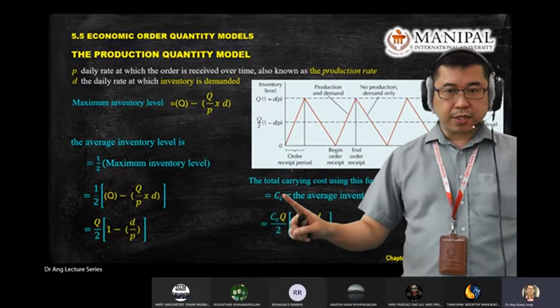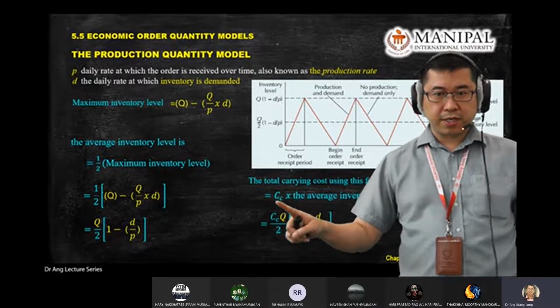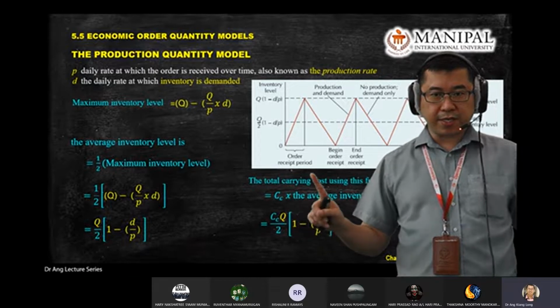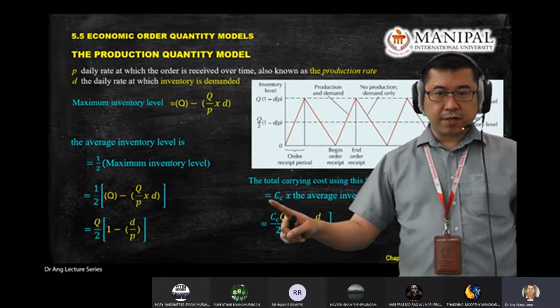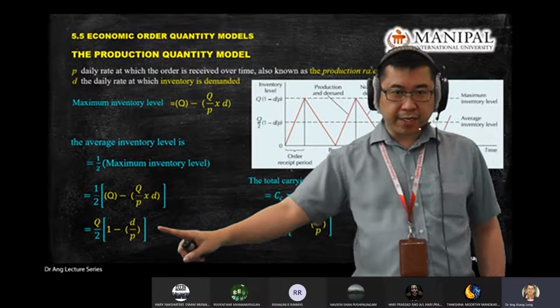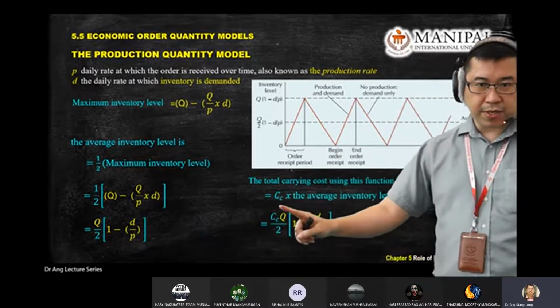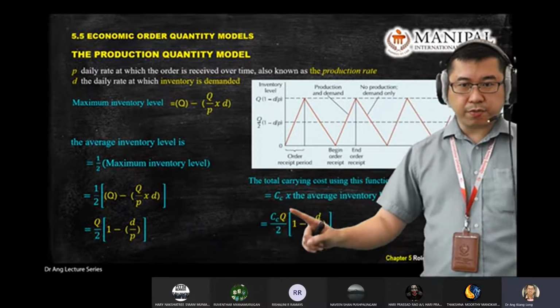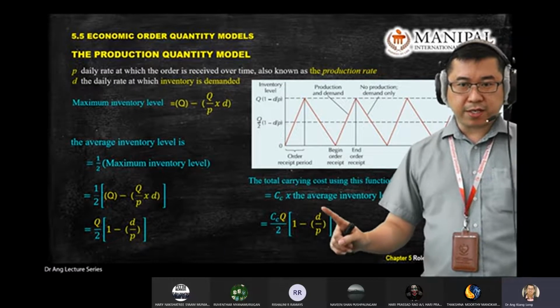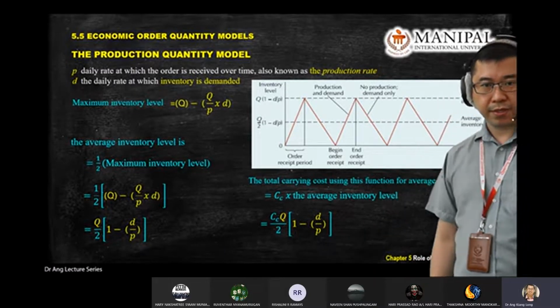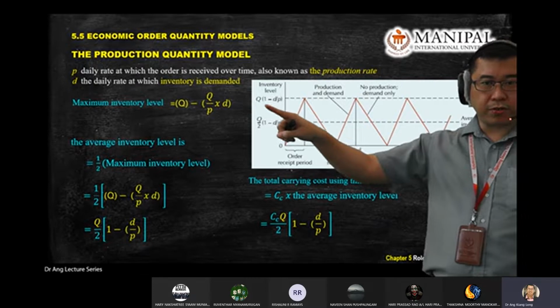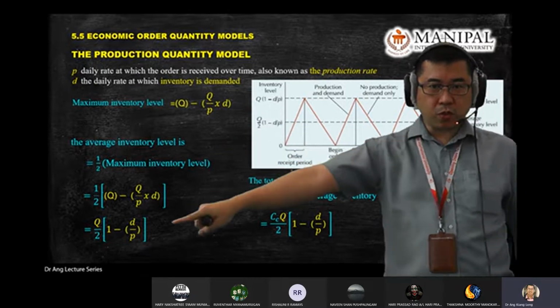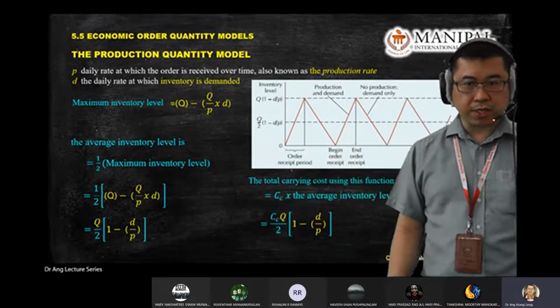So you substitute your CC, your carrying cost, multiplied by this equation. That's why you have CC Q divided by 2 bracket 1 minus D divided by P. You have equation 1, equation 2, equation 3.